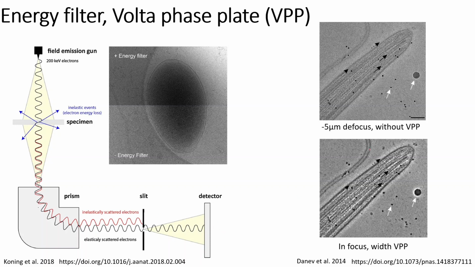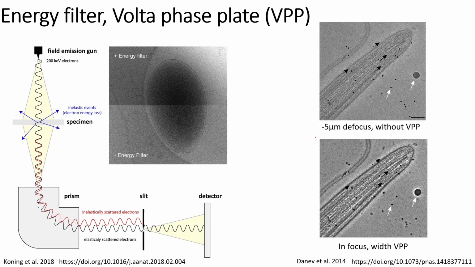And for Volta's faceplate, it is doing a phase shift in the CTF curve, and the higher the phase shift is between the unscattered and the elastically scattered electrons, which is very low for samples without the faceplate, the higher contrast we get.